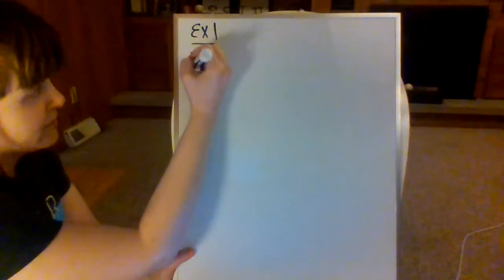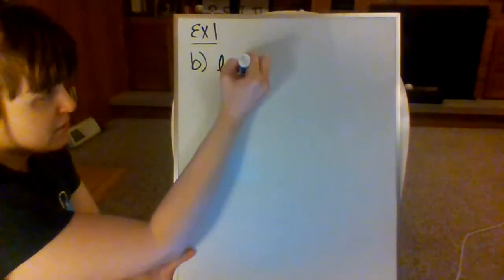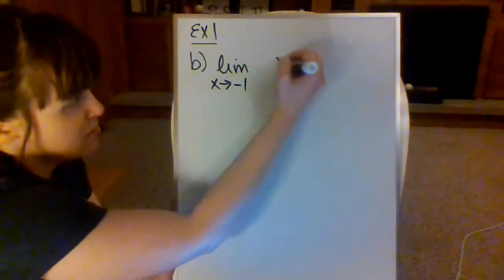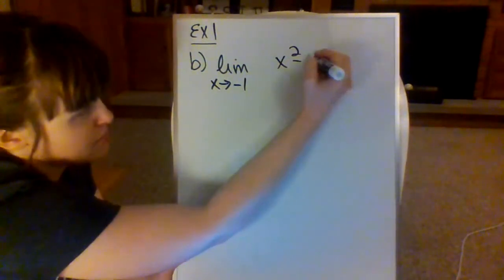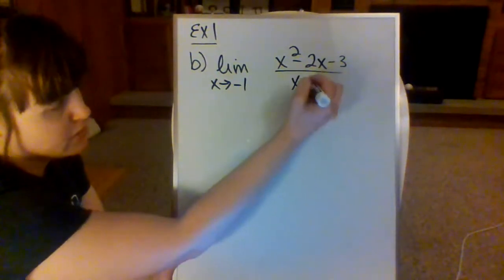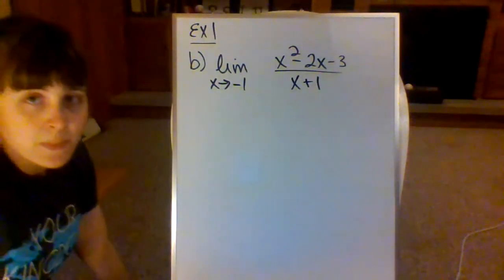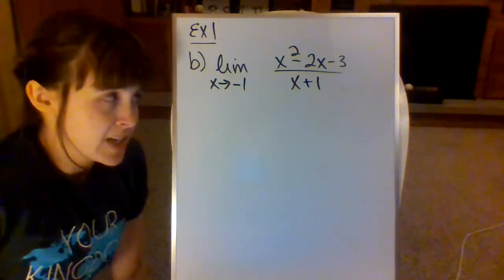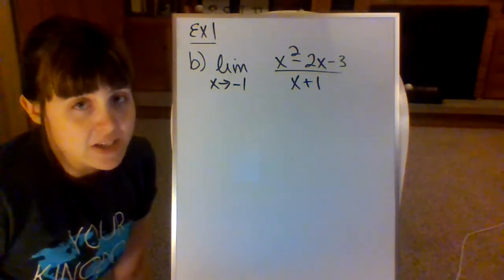Okay, part B looks like this. Find the limit as x approaches negative 1 of x squared minus 2x minus 3 over x plus 1. Obviously, if we plugged in negative 1 on the bottom, that would equal 0.